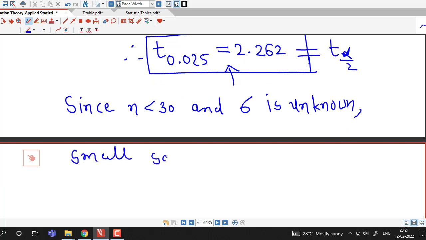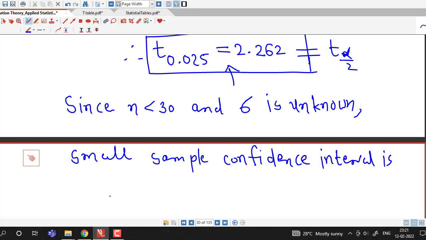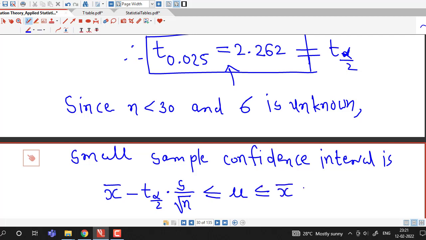The small sample confidence interval is x bar minus T suffix alpha by 2 times sample standard deviation over square root of n, less than or equal to population mean mu, less than or equal to x bar plus t alpha by 2 times sample standard deviation over square root of n.